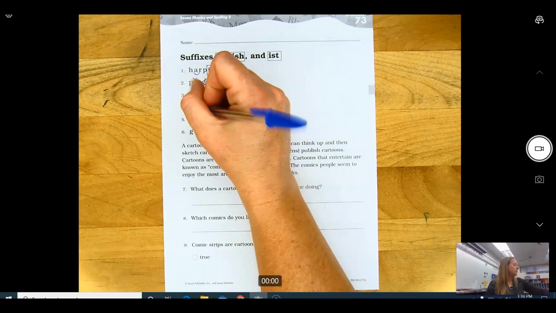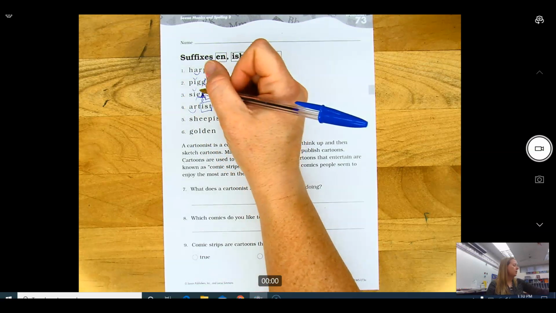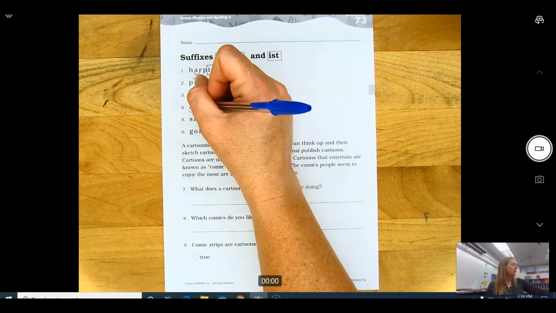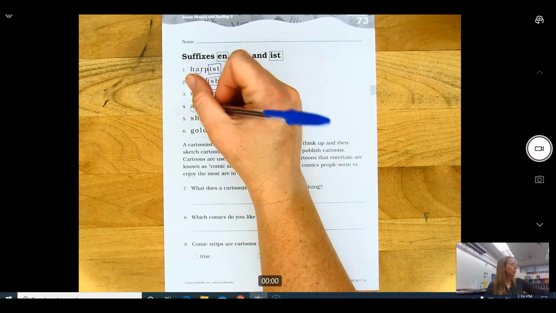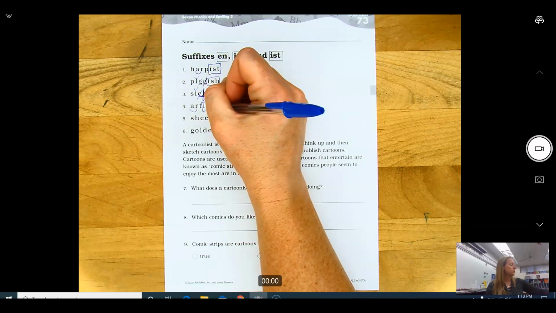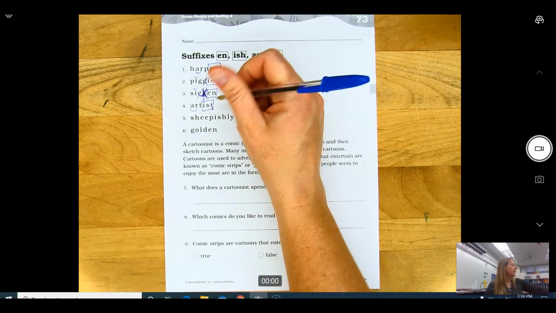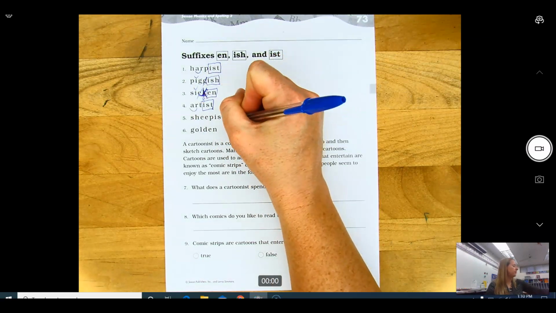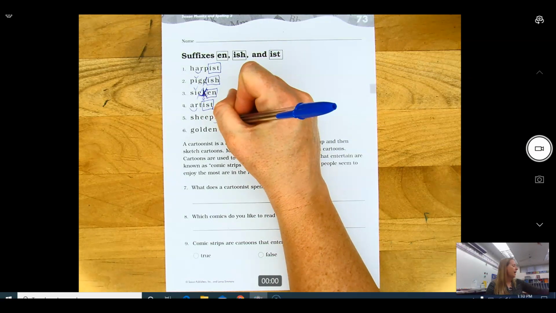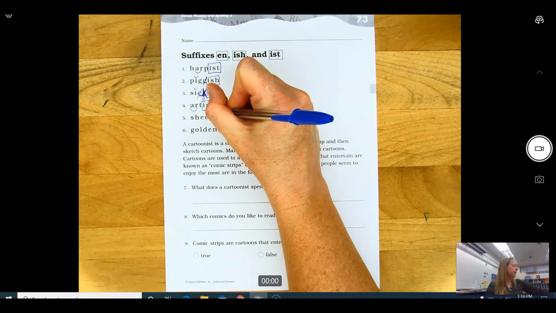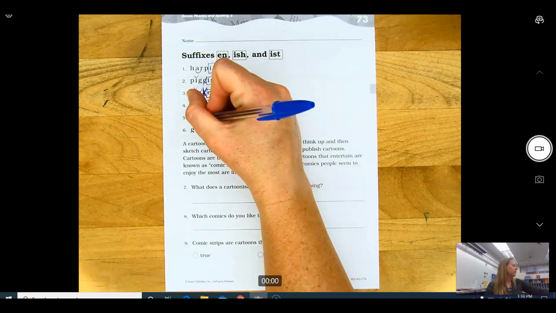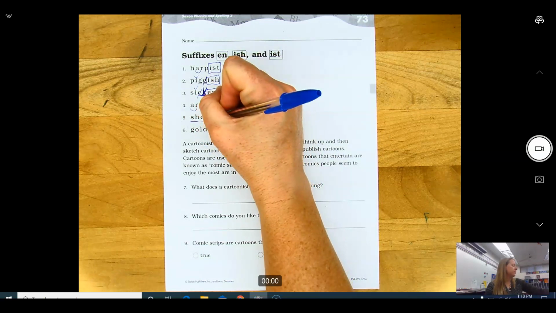IST, combination AR. AR says artist, one who does art. Okay, here in this one we have suffix ly and suffix ish, digraph sh, digraph ee.